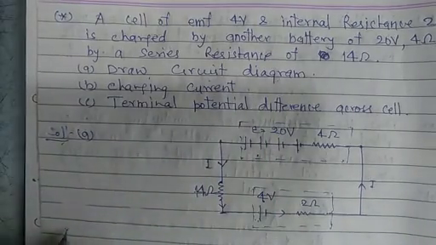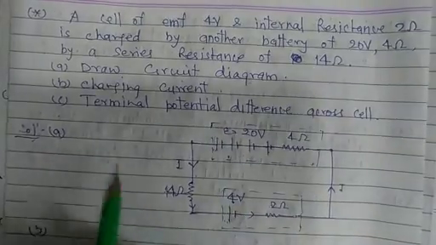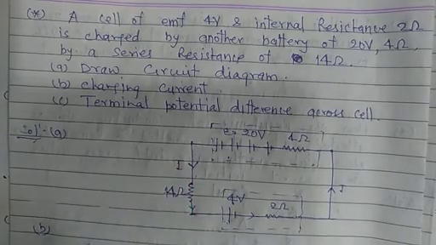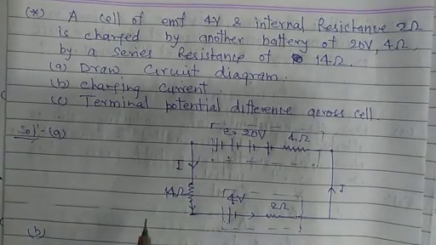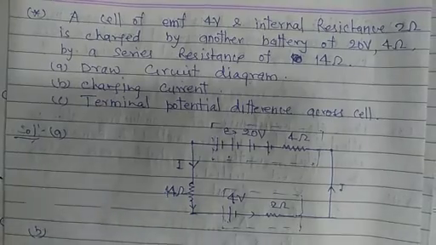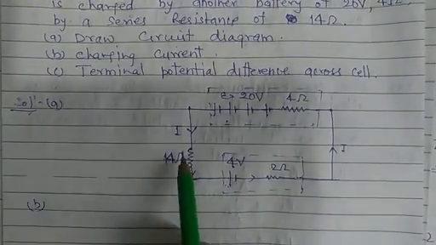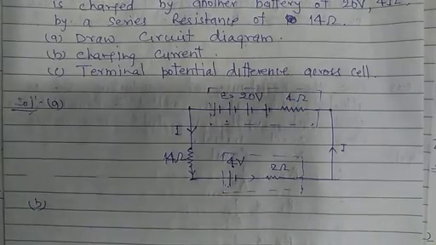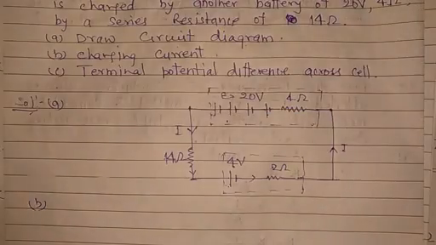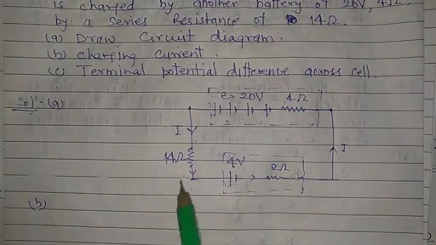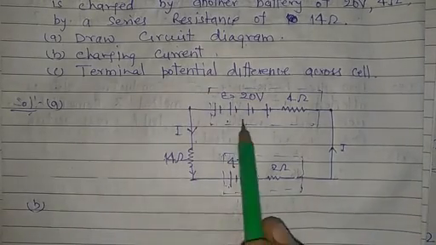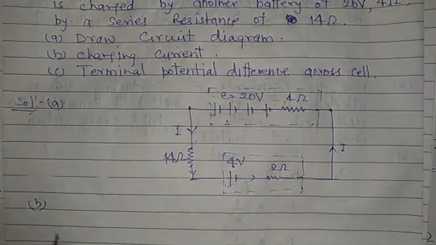Now B part. We have to calculate the charging current. The charging current, that means we need to calculate this I. So for this, first of all we have to find out the total resistance of the circuit and the effective EMF of circuit.